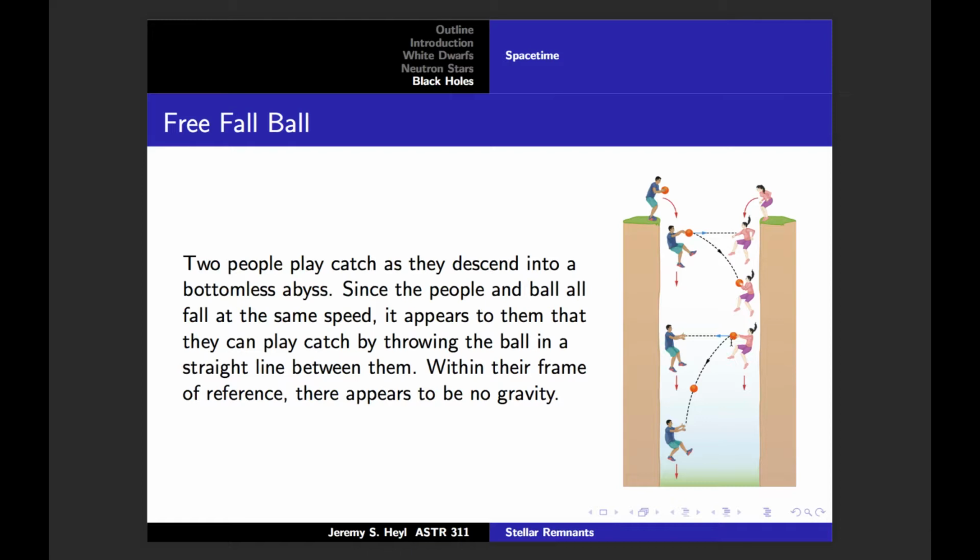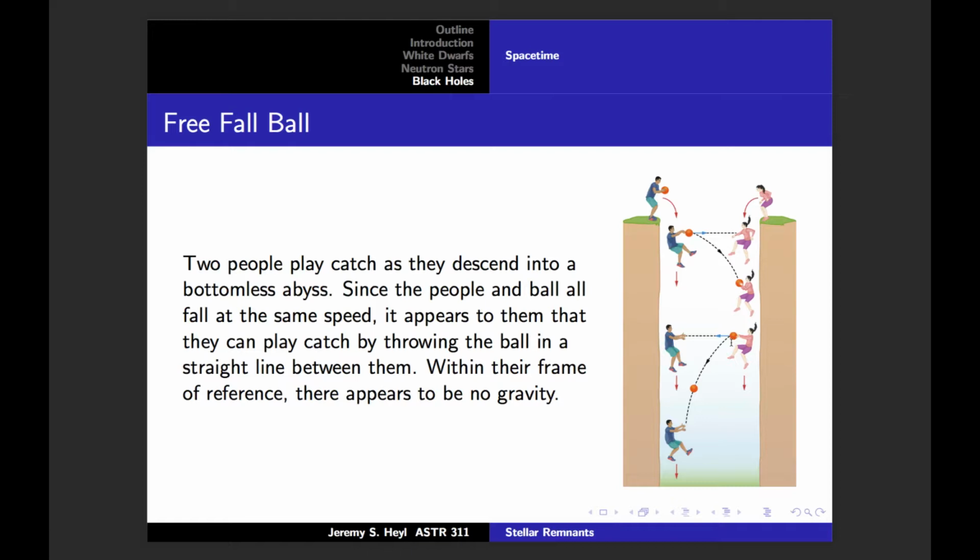Normally to throw to you, I have to arc it up because of gravity. But if I'm falling, I just throw the ball straight to you, right? But from the point of view of us who are not falling with them, I feel gravity. I see the ball taking a curved path. Those two people don't feel the gravity, and the ball goes straight to them.